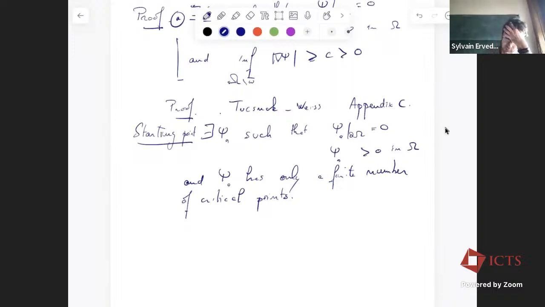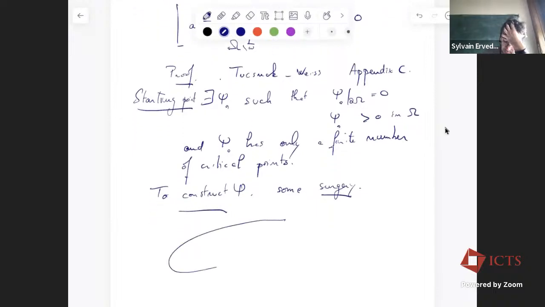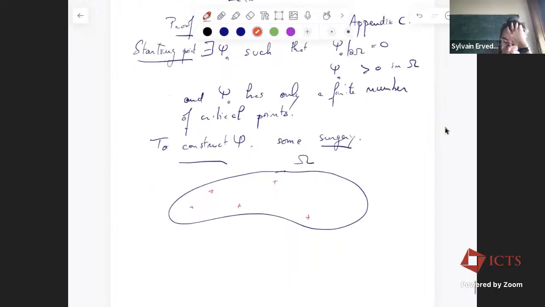Okay, so once you have this, to construct psi, you do the following thing. You do some surgery. So basically you have your domain, omega. And for psi 0, you have some critical points. These are the critical points of psi 0.